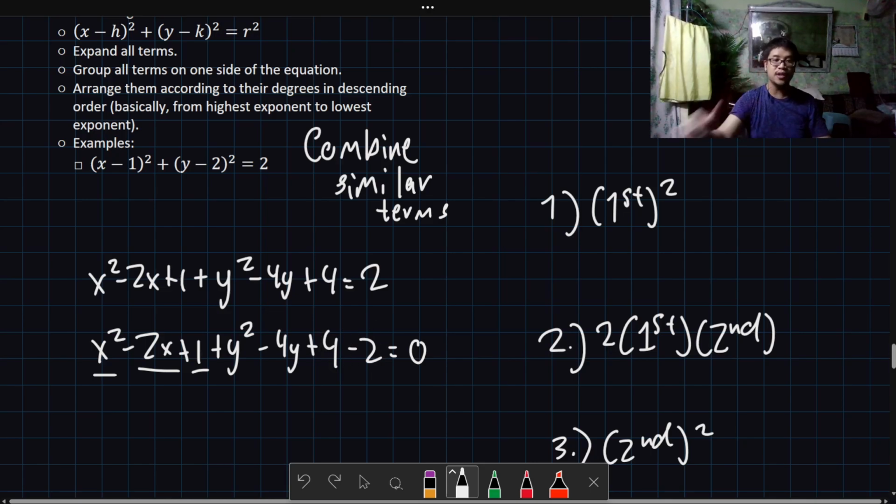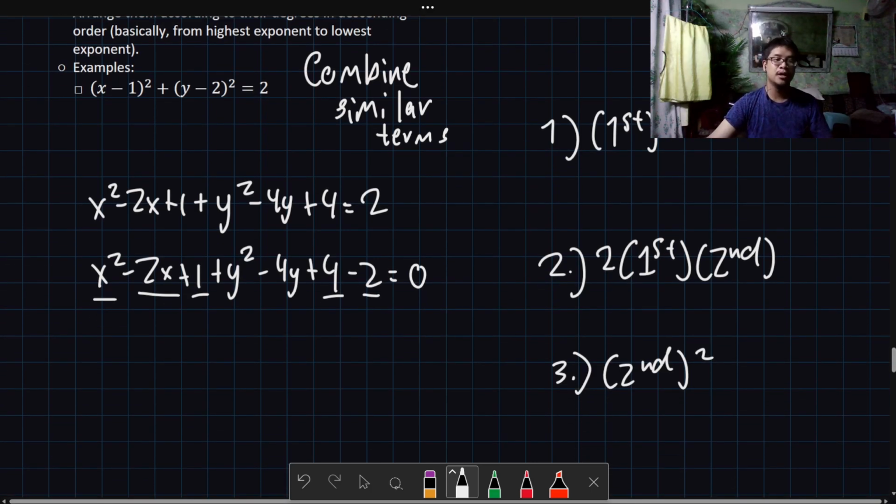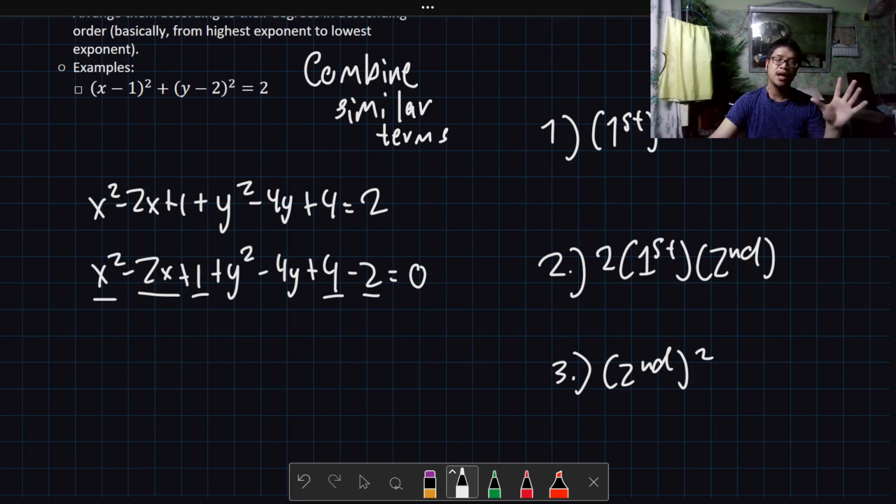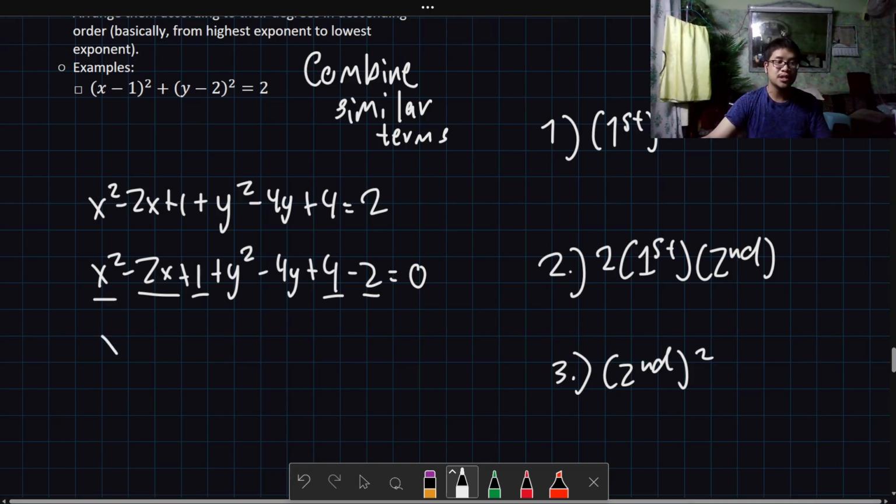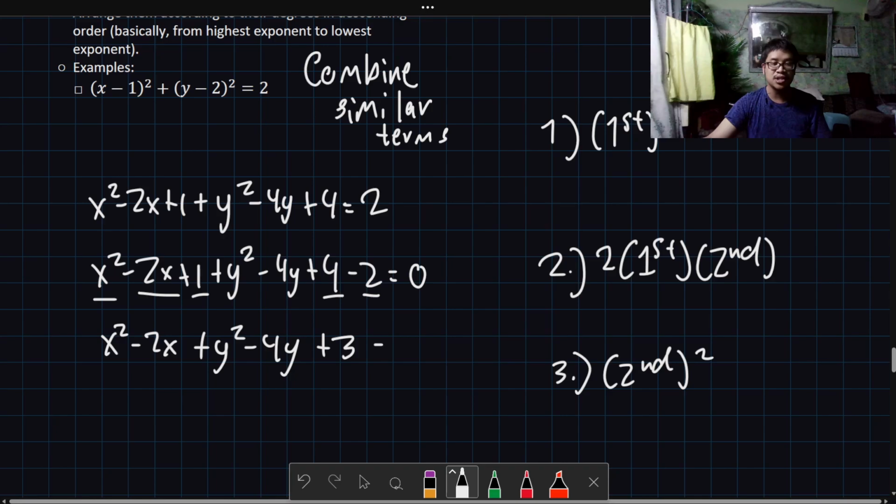Since three of them are constant terms, we add them together. 1 plus 4 is 5, minus 2 is 3. So as a result, let me copy the other terms here: negative 2x plus y squared minus 4y, plus 3 is equal to 0.